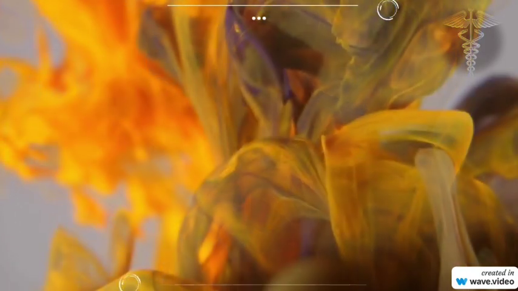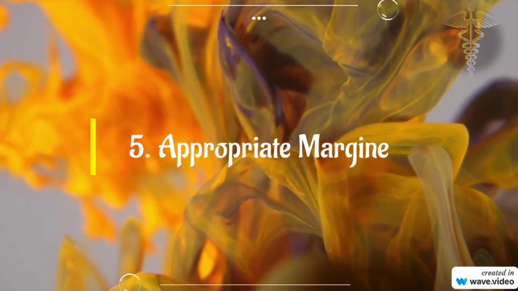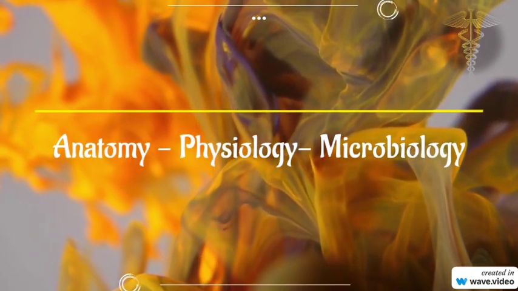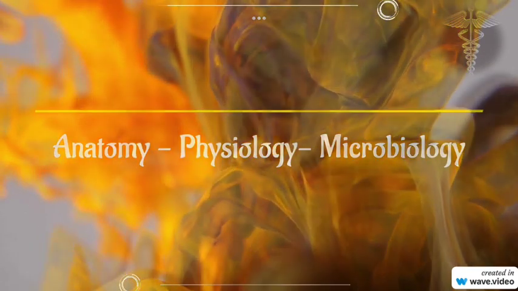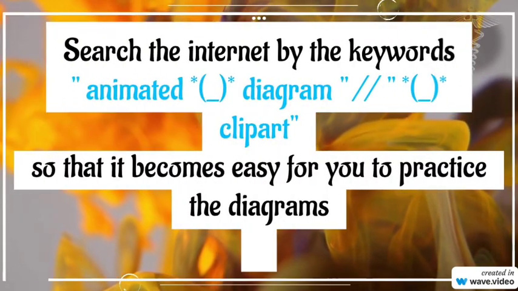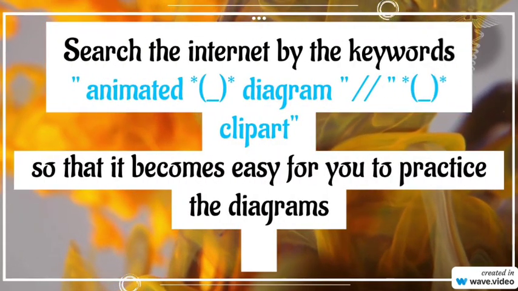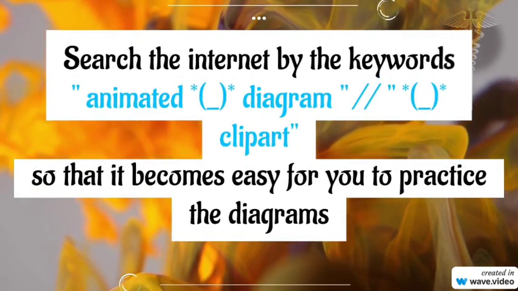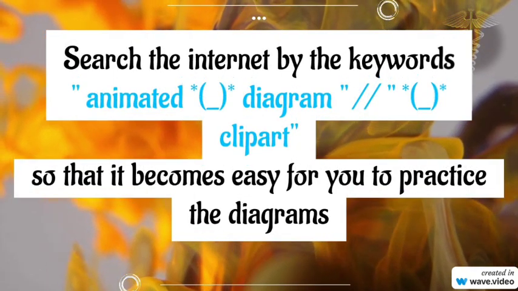Number 5, appropriate margin. For first year students, I will go subject wise. For anatomy, physiology and microbiology, every page should contain one diagram. And for drawing diagrams, it's not necessary to be an artist. You just have to show that you have proper knowledge about the asked topics.